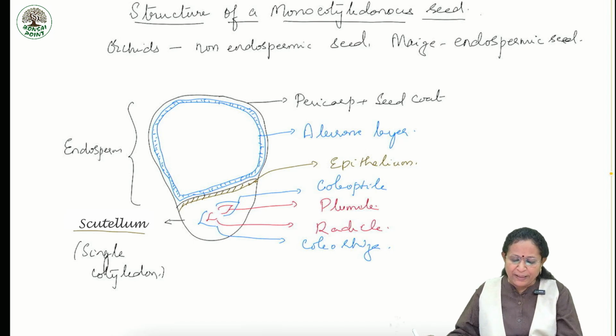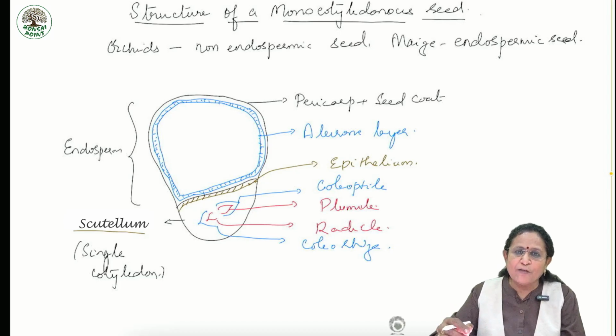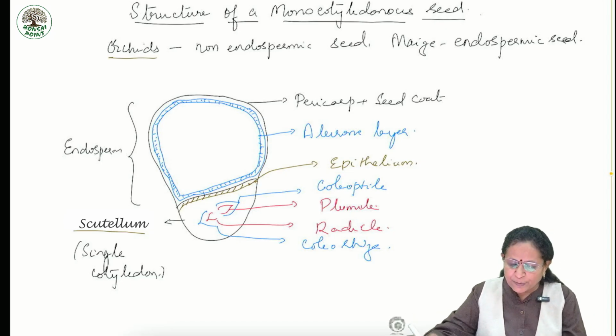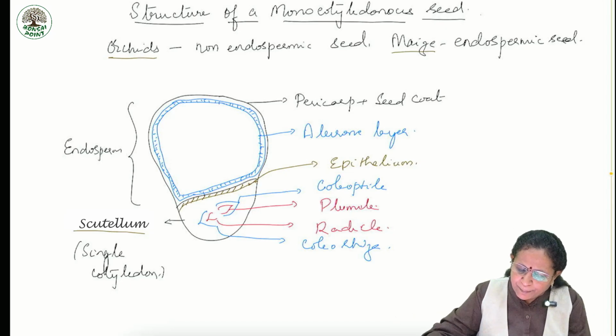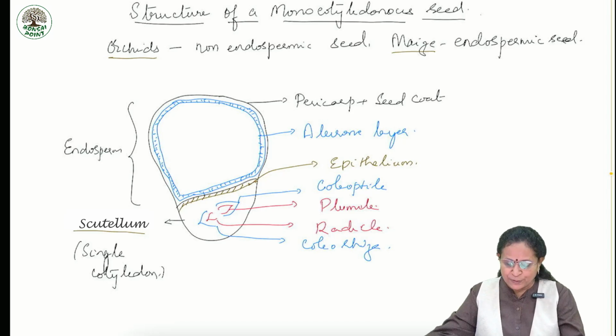I'll just repeat. Some of the seeds are endospermic, some of them are non-endospermic. In case of monocotyledonous seed, example, the seeds of orchids are non-endospermic, whereas the seed of maize is said to be endospermic.